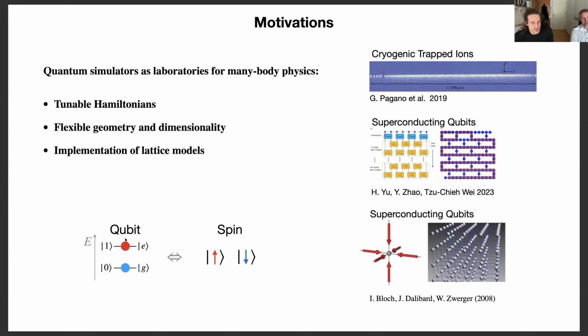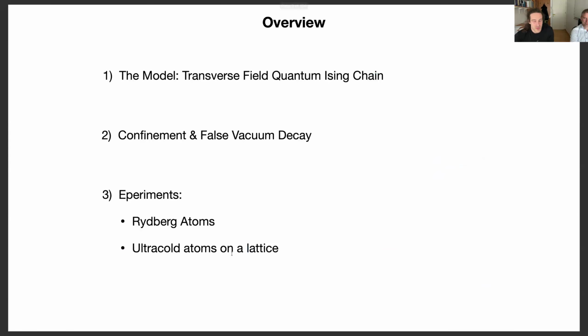These two different levels can be seen as 0 and 1, or ground state and excited state, but they can also be mapped to a spin up or spin down. So in the course of this presentation, I will take what for us is the minimal model of the phenomenology we are interested in, which is the transverse field quantum Ising chain.